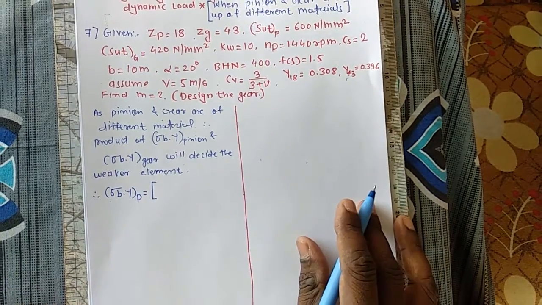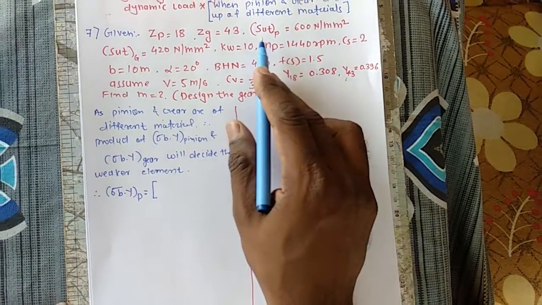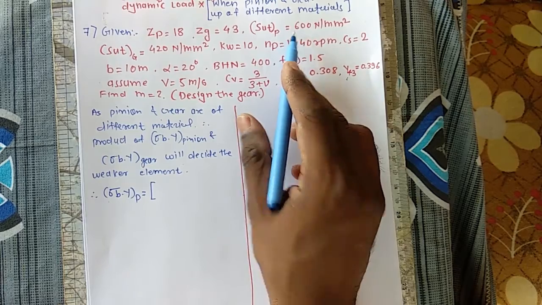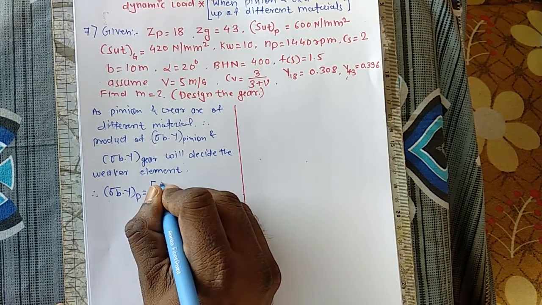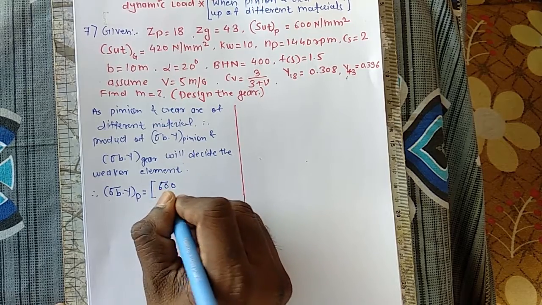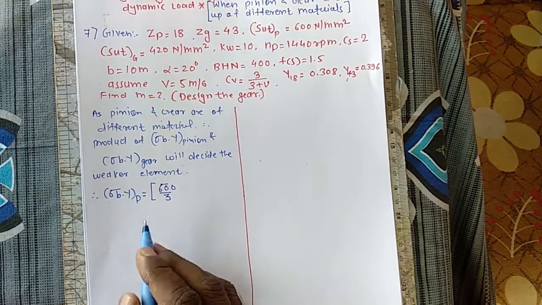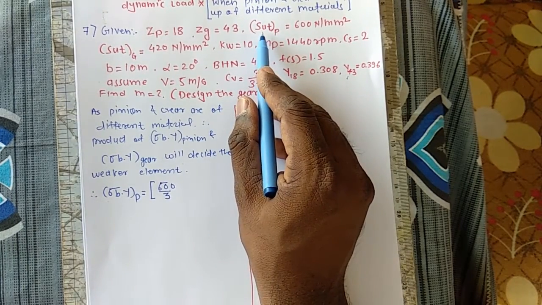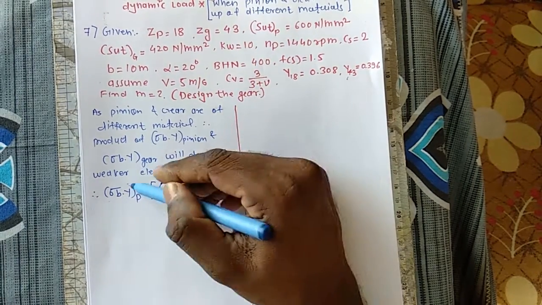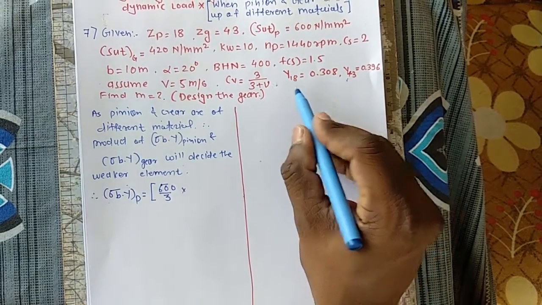So the sigma B is nothing but SUT divided by 3. So I will take SUT of pinion, which is 600 divided by 3, right? Because I am doing it for pinion, so that's why I am taking SUT of pinion, and SUT by 3 is nothing but sigma B into Y of pinion.